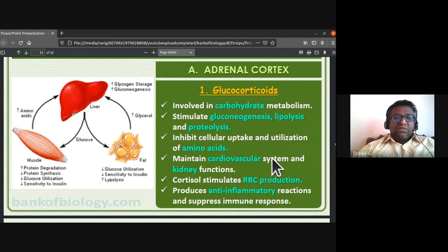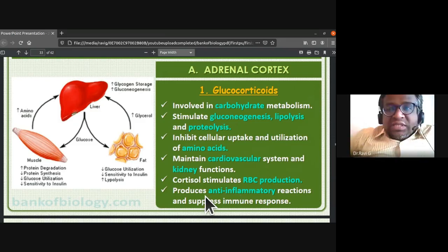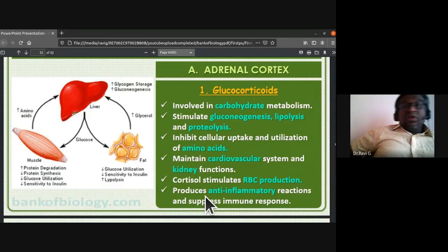Cortisol, one of the glucocorticoid hormones, stimulates RBC production. So you have to remember this.